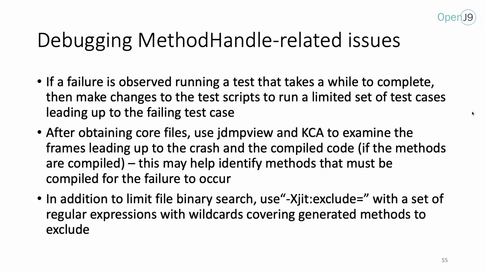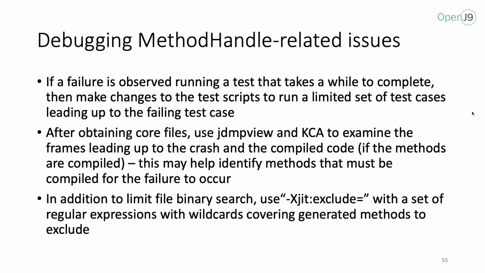Because we have a problem with reproducing the problem and getting a core file, and often they're in tests where it takes a while to run them, I found it very useful to modify the test scripts and enable a limited set of test cases leading up to the failure to see if we can reproduce it. That can significantly improve the chances that you'll be able to get the diagnostic files you're looking for.